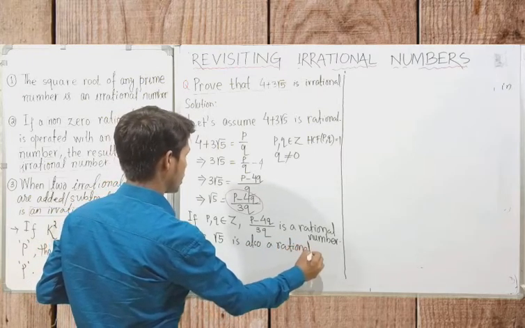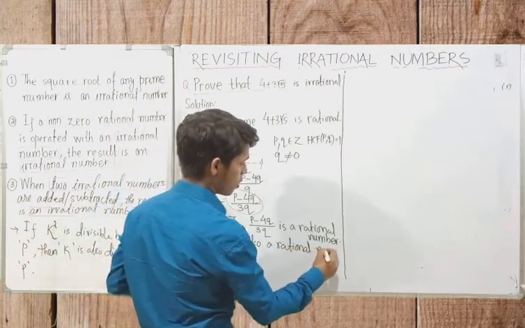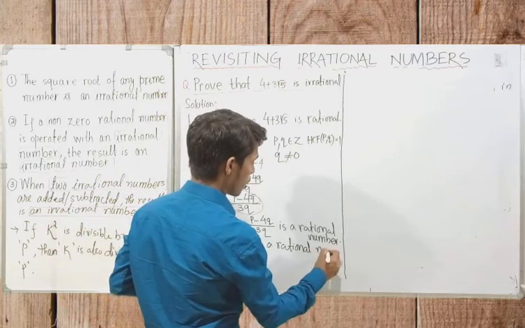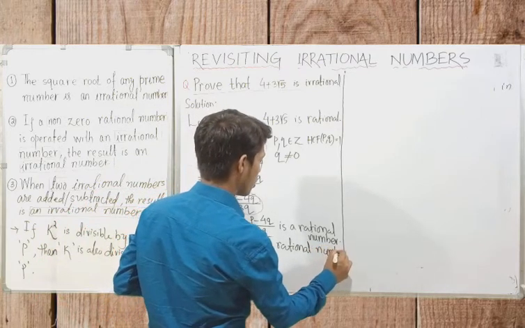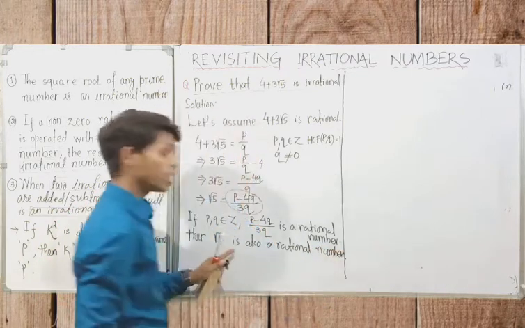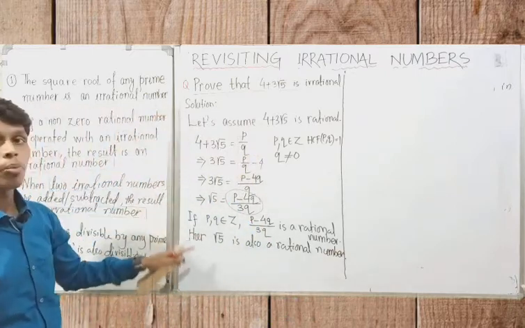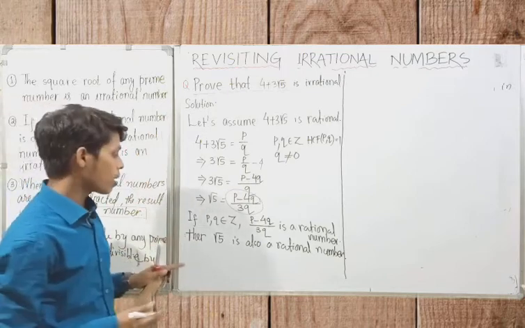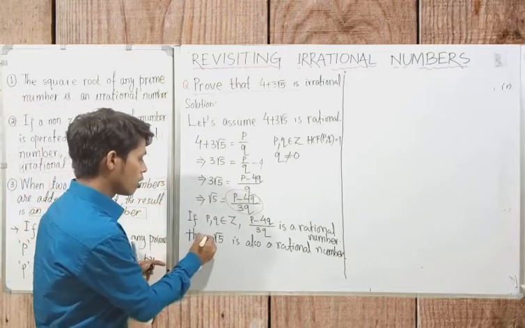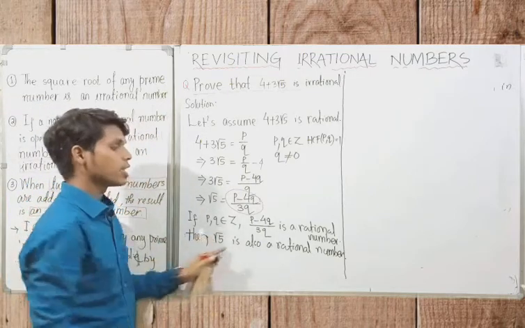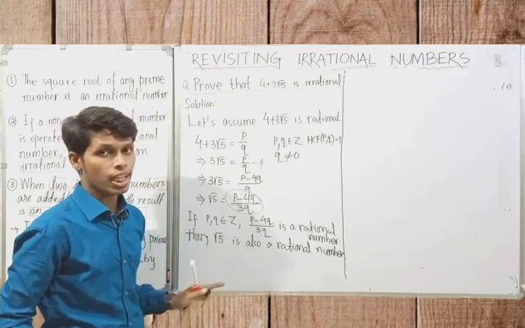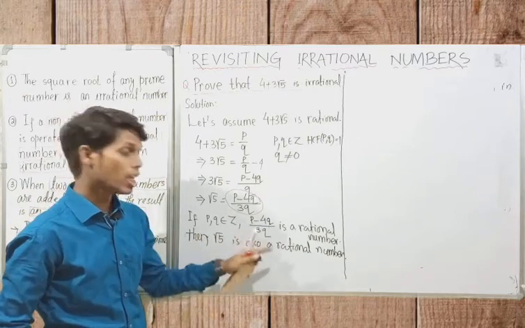Is it correct? Is root 5 rational? No, we know that root over any prime number is irrational. We just proved before this question that root over any prime number is irrational, but here we got that root 5 is a rational number, which is a contradiction to the real fact that root 5 is irrational.